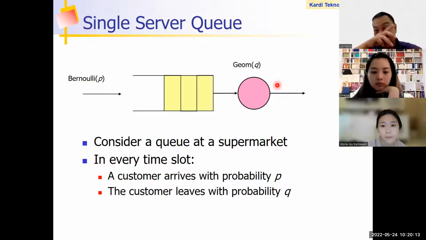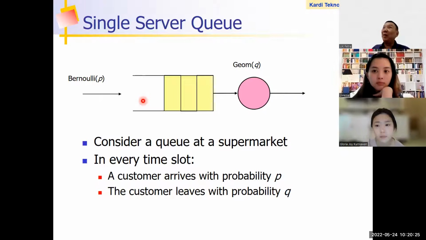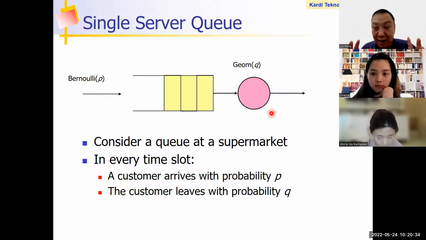With this, now you can actually derive any kind of probability distribution. Last time we always used Poisson and exponential, remember? This time you generalize it. What if I don't use Poisson? What if I use Bernoulli, for example? What if I use geometric? You can, because now you have a much more powerful tool, which is called Markov chain.